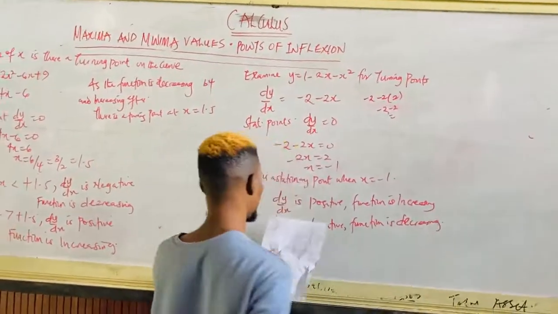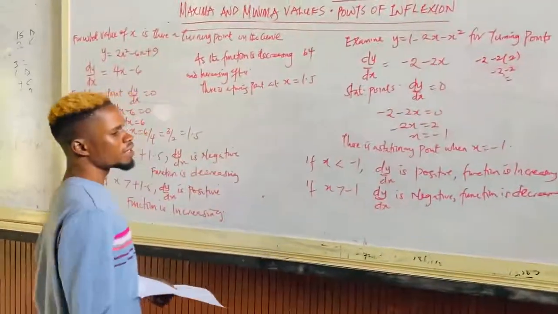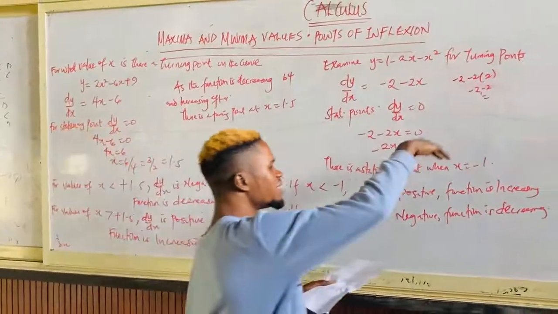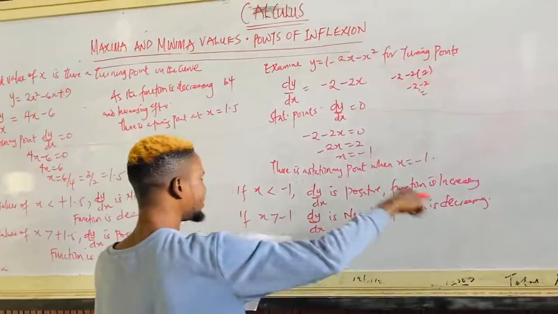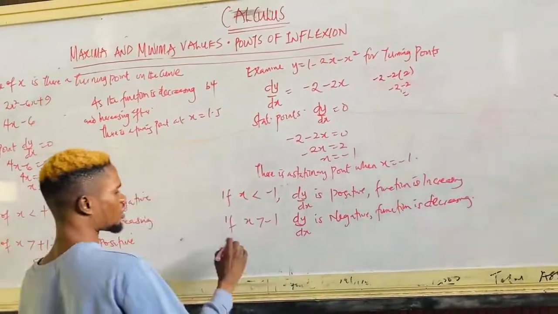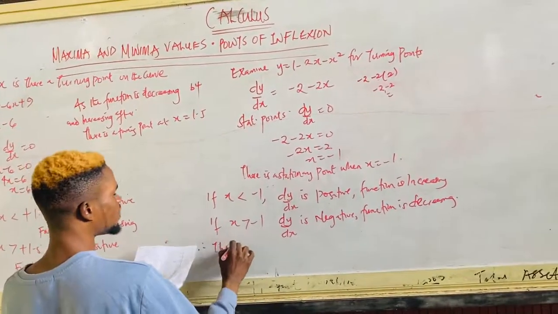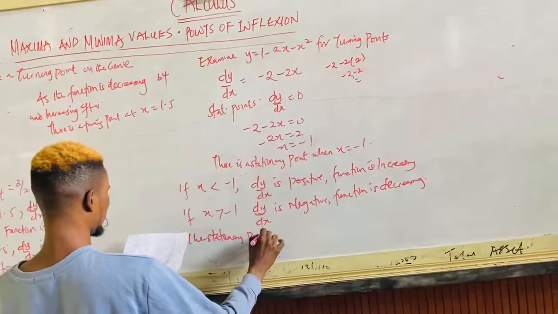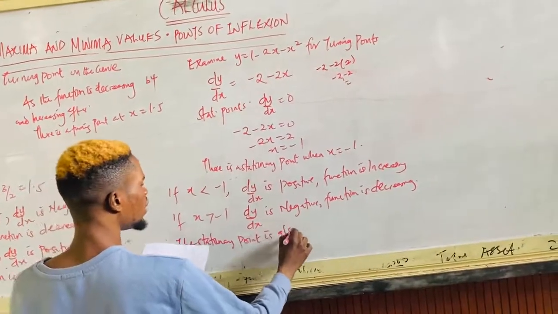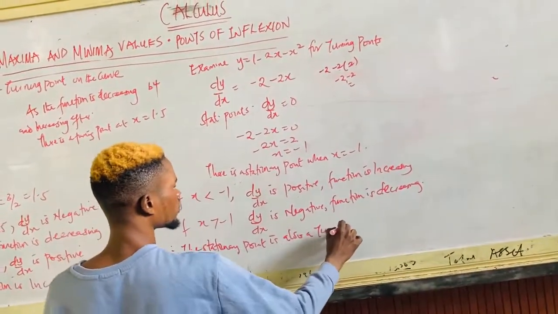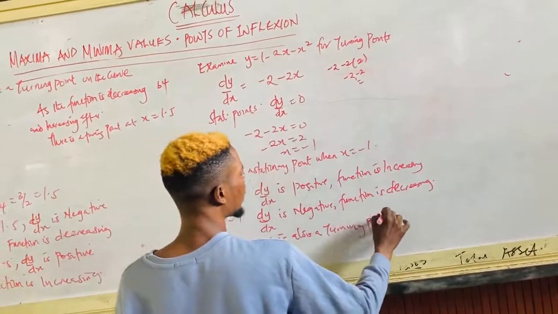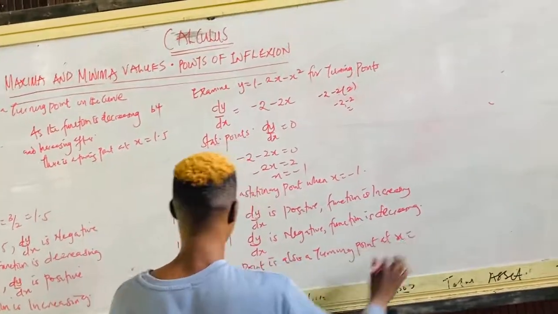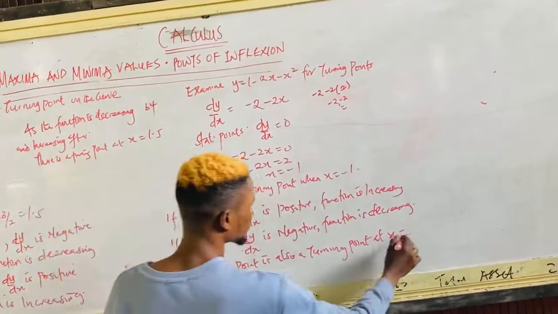So the function is increasing before and decreasing after. So we can conclude that the stationary point is also a turning point at x equal to minus 1.